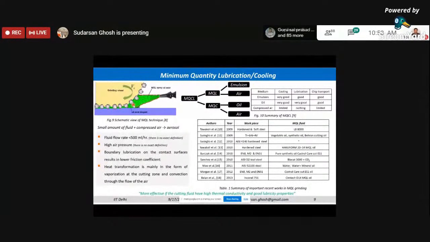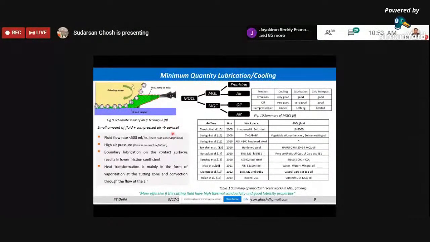Now normally in this MQL technique, you have a small amount of fluid, and this fluid in mist form is mixed with compressed air, and that is what we call the aerosol. Like in our COVID times, we know that this virus may also spread through aerosols, and there are research activities which tell about aerosols.